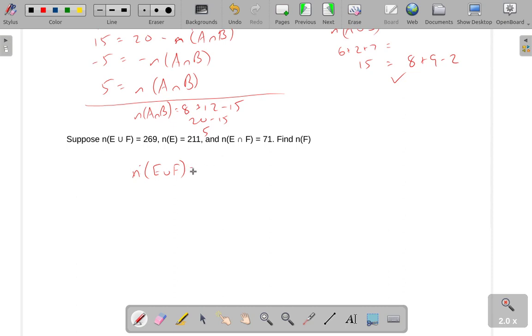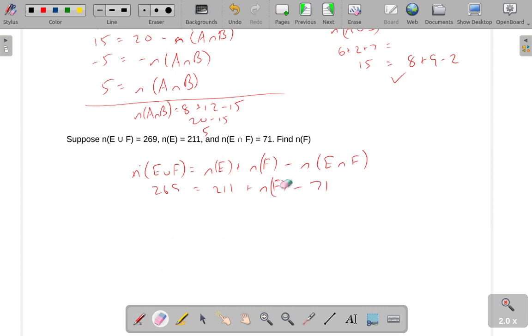It is the size of the first plus the size of the second minus the size of the intersection. Plug in the numbers I can. 269 is equal to the size of the first, plus, well, I don't know n of F, so I'm just going to keep calling it n of F, minus the size of the intersection, which is 71.